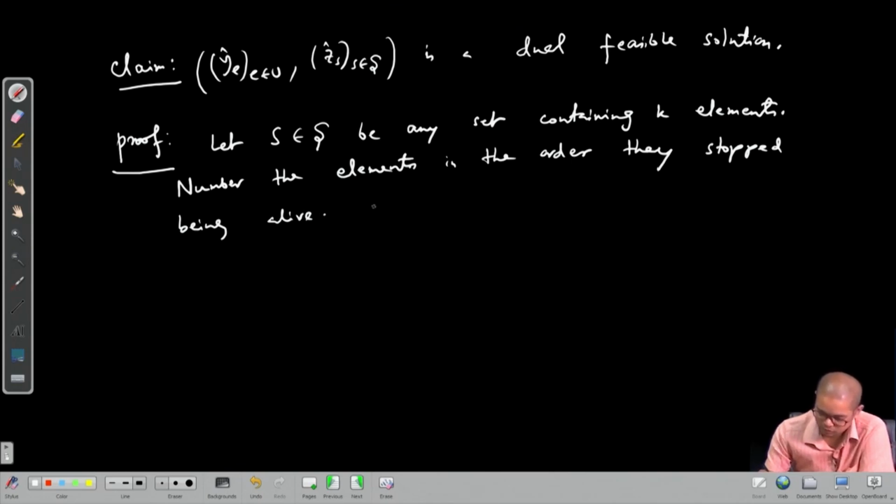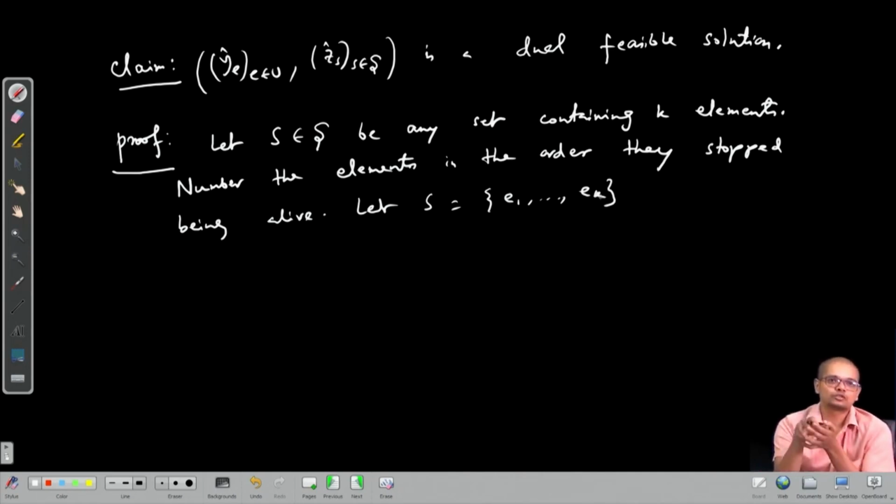So let S equal e_1 to e_k. That means element e_1 is the first one to have stopped being alive, followed by e_2 and so on.